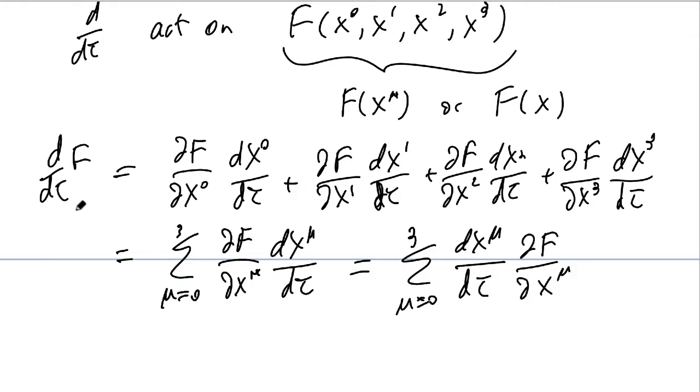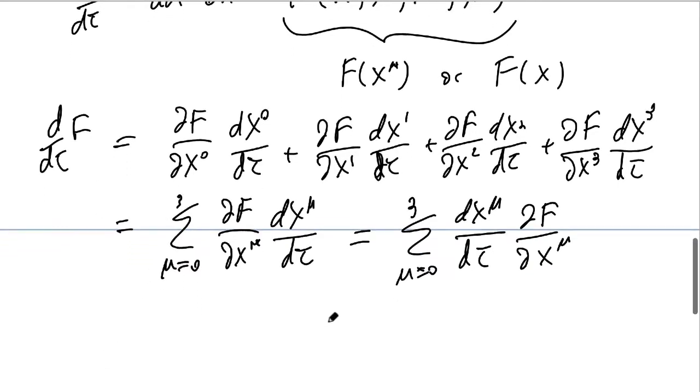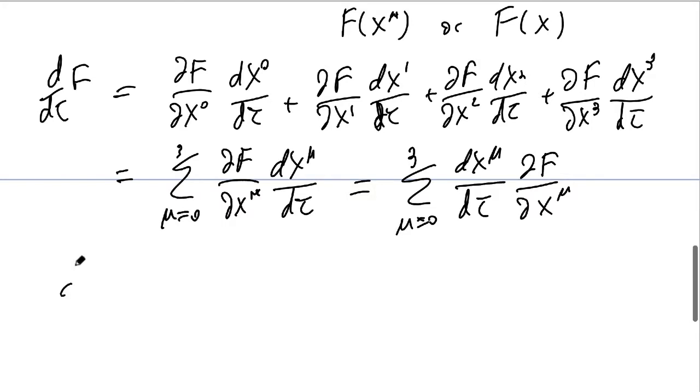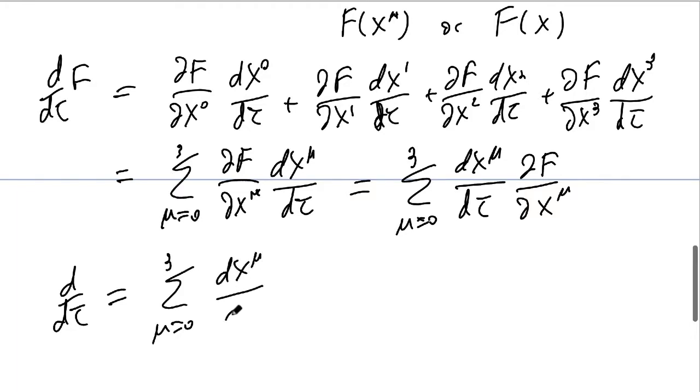All right, so this applies for any function f. So in particular, let's abstract this by stripping off the f, and we find d by d tau is equal to the sum over mu from 0 to 3 of dx mu d tau partial with respect to x mu.